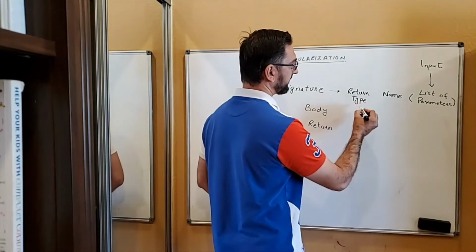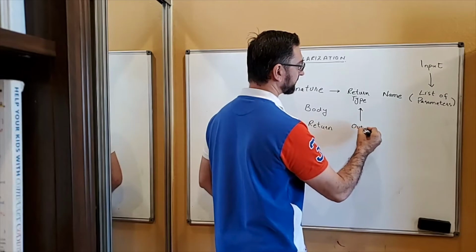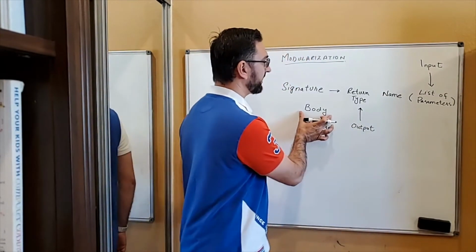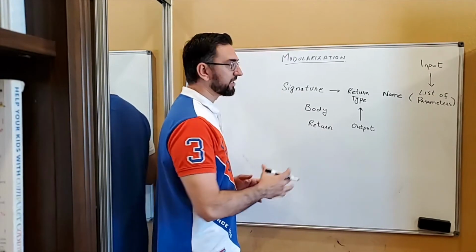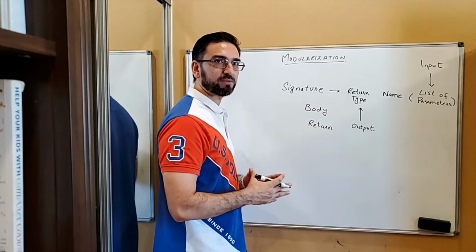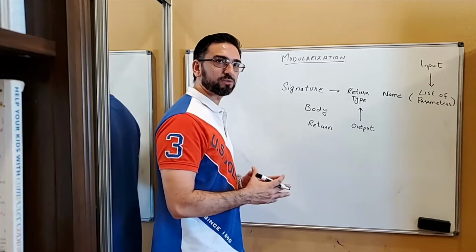Return type tells us the output of the function, what type of output it gives. Then the body actually is a set of statements which defines the task for the function. So body could be 1 statement, 2 statements, or any number of statements which are required to have the function do its job.